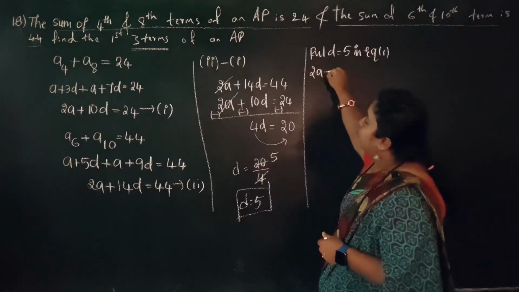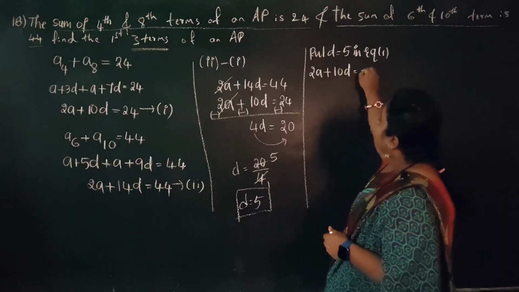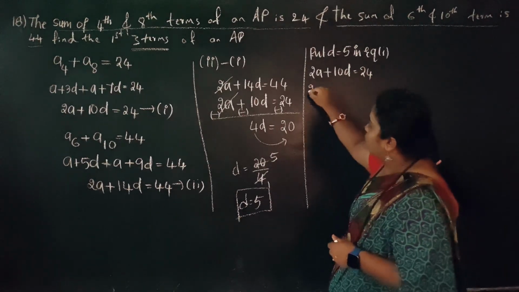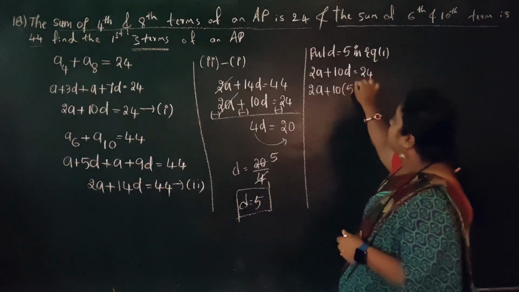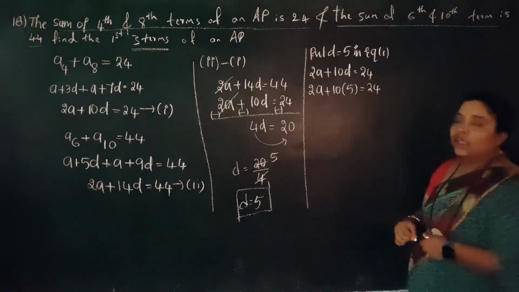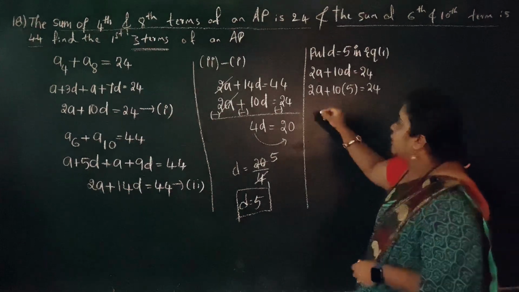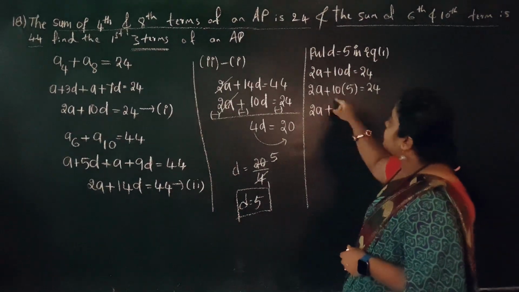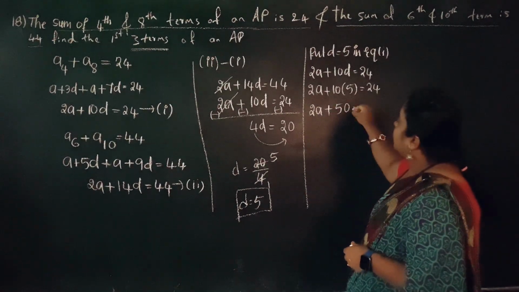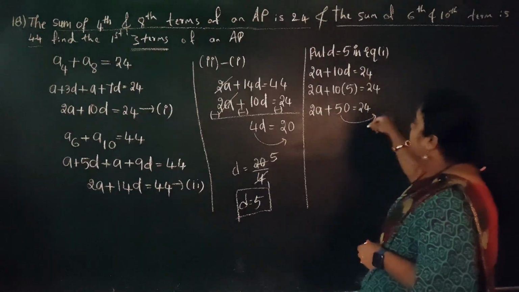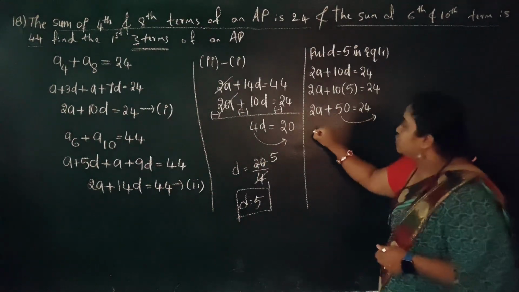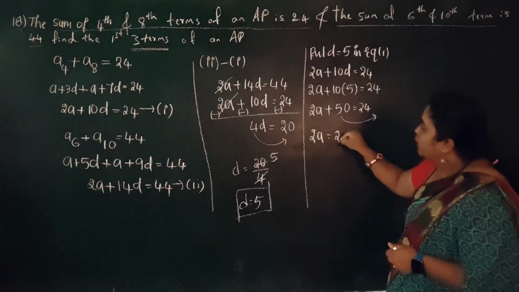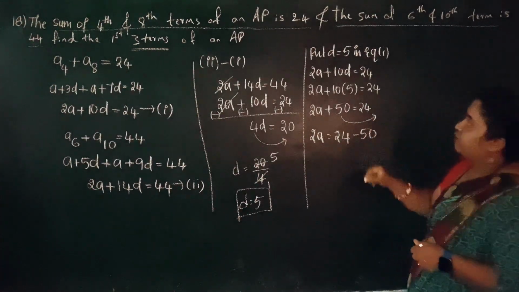Equation 1 is 2A plus 10D is equal to 24. 2 into A, because I need to find the A value, plus 10 into D, which is 5, is equal to 24. Understanding? Now dear, just see here. 2A plus 10 into 5, 50, is equal to 24. Bring 50 to this side. Plus 50 turns to be minus 50. So 2A is equal to 24 minus 50.